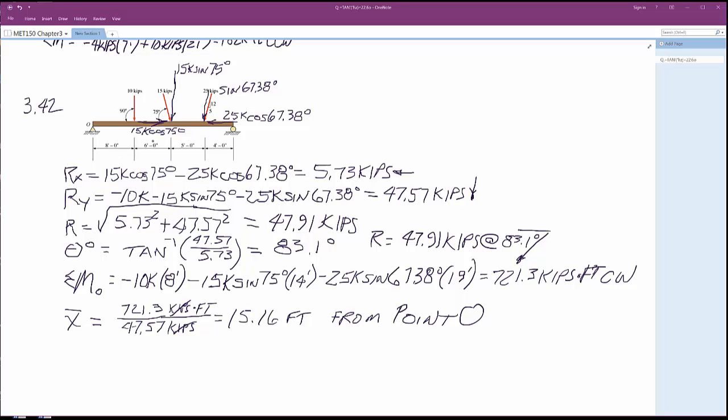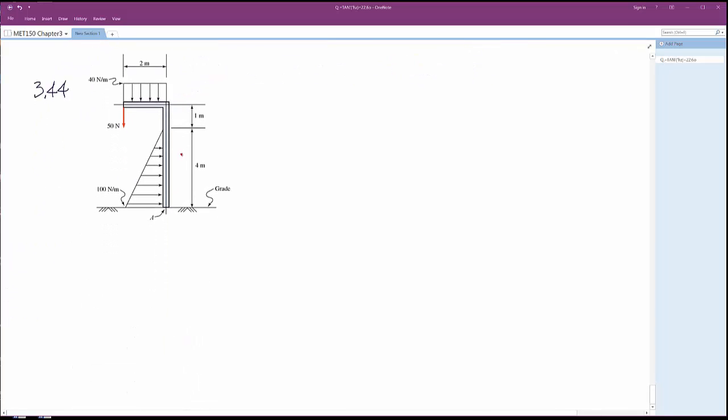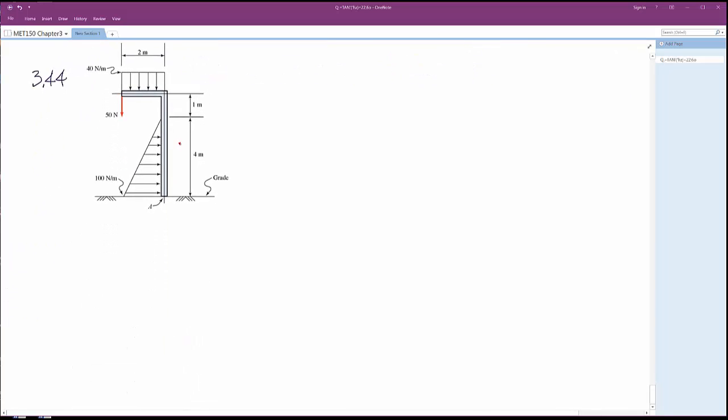Well, let's see if we can't do 344 now. I'm sure we can. First thing, we will draw a free body diagram of this one away from that picture. It's just going to be a little easier, I think, to visualize. So bear with me for a minute here.